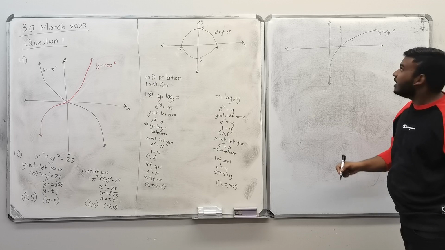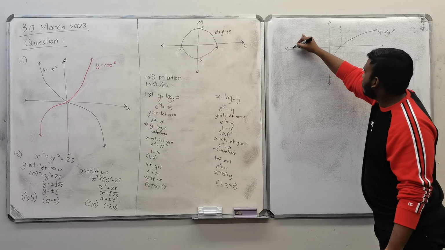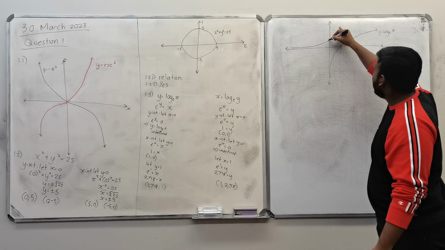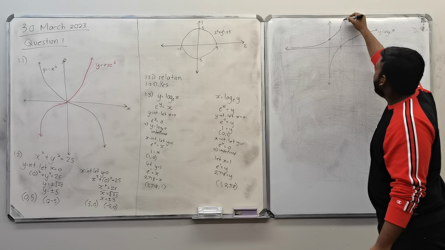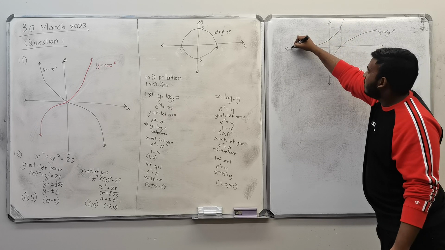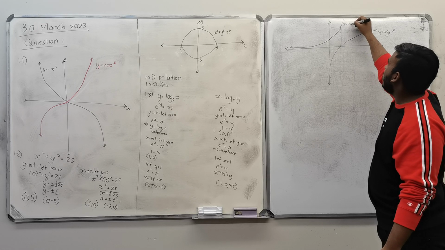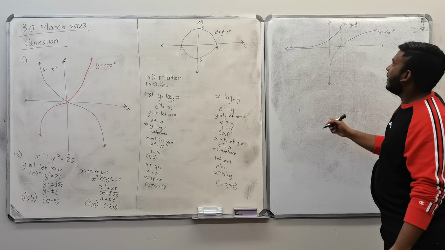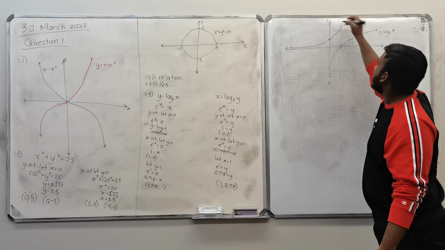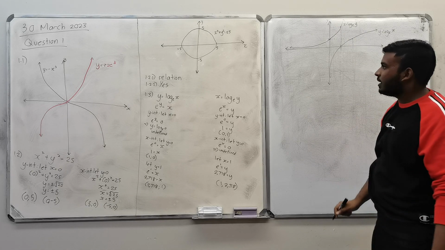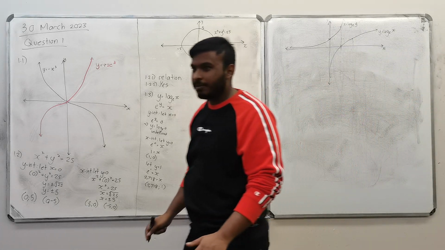So when you're drawing the curve, it's going to come as close to the x-axis as possible, and then you're going to go like that. And then this here is x is equal to log of e y. This is your y-axis, this is your x-axis. Does everybody understand this? Yes.